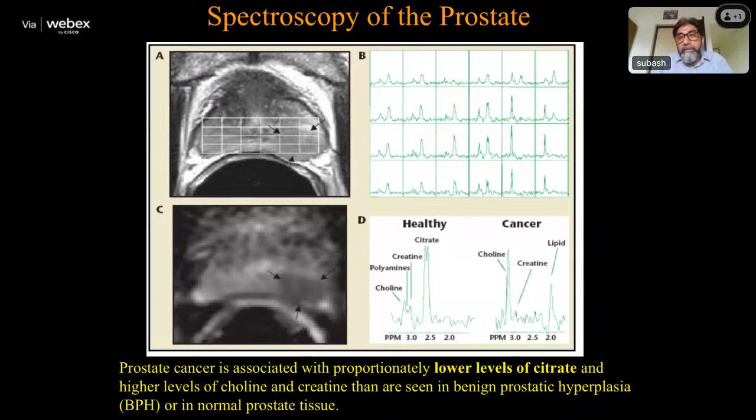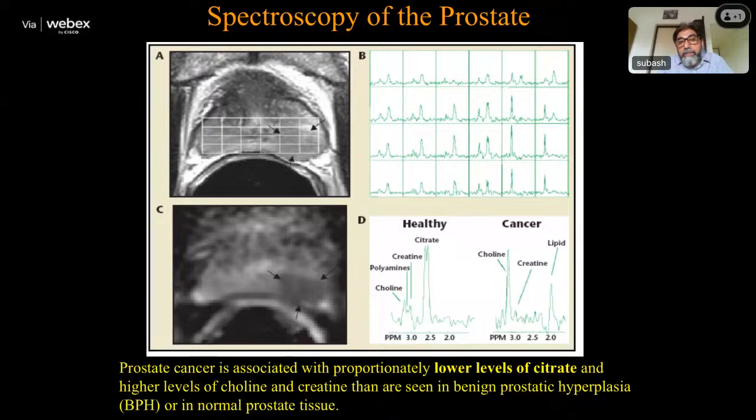And these are the two major cancers in men and women, the prostate cancer and the breast cancer. So very nicely one can acquire a spectrum from these lesions, breast lesions or the prostate region, and diagnose the cancer.